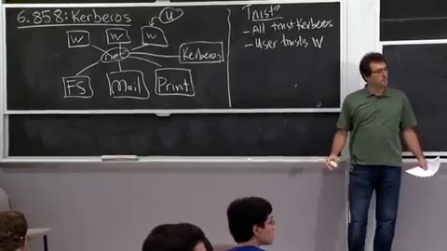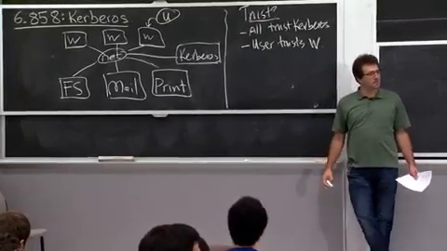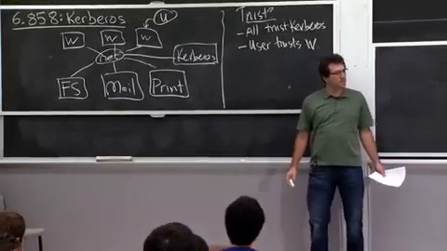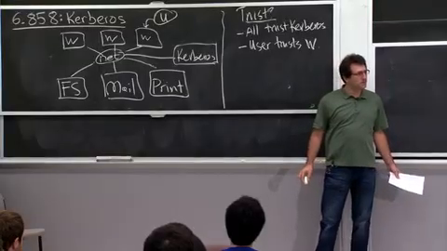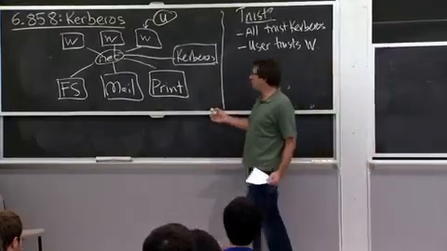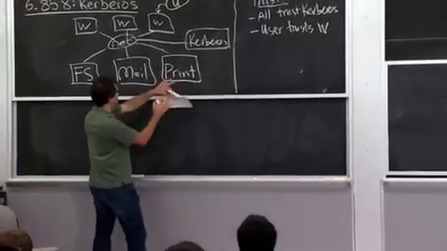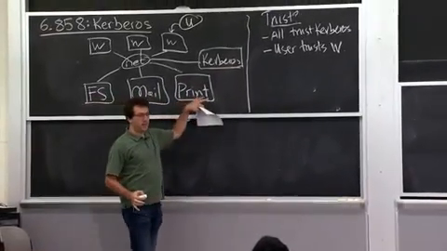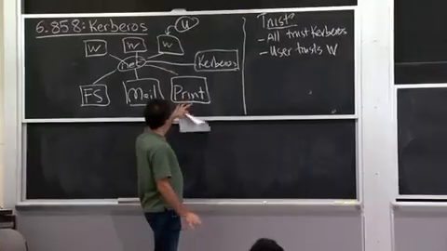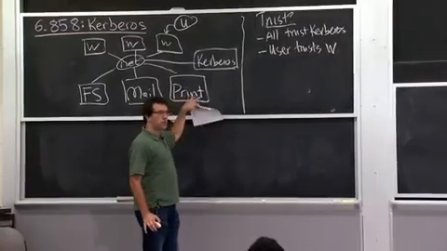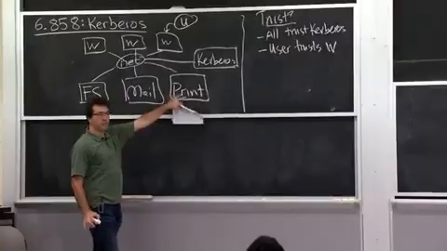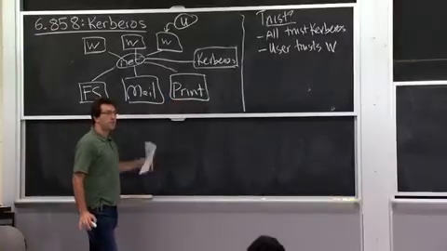Yeah? You have to trust that the people administrating are not doing anything bad with connecting to servers and giving them privileged access to one another. So what do you mean? So of course, IS&T is going to run these machines down here. But I think the machines themselves don't necessarily have to trust one another. So the mail server doesn't trust the print server or the file server necessarily.